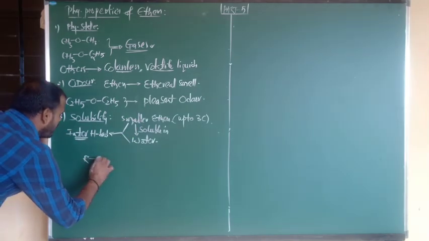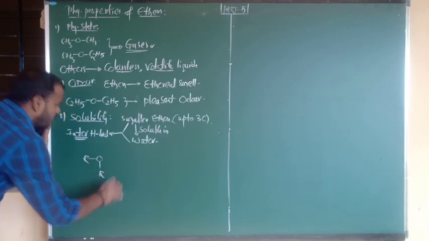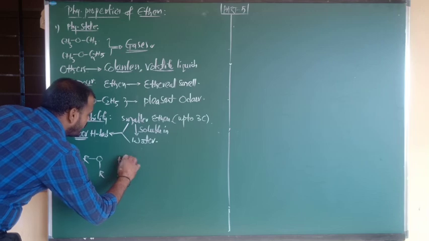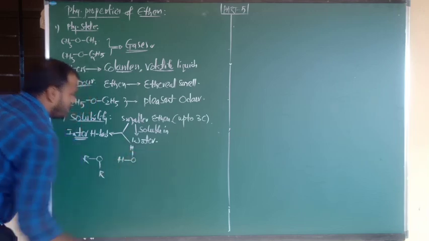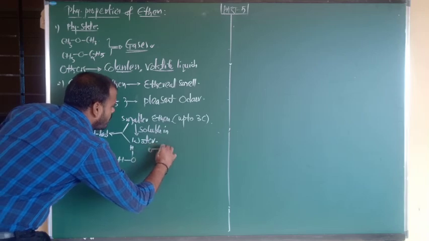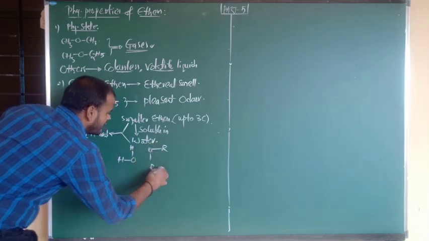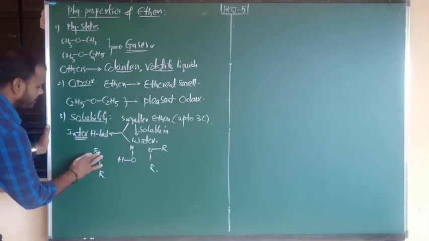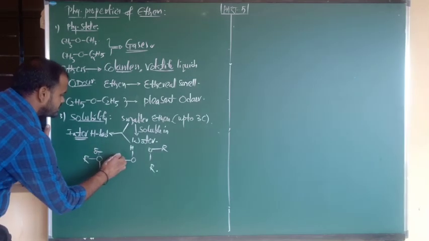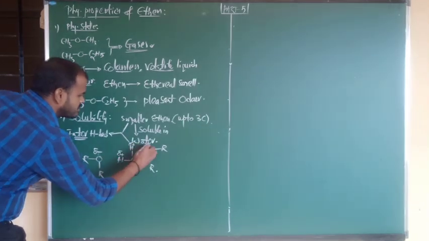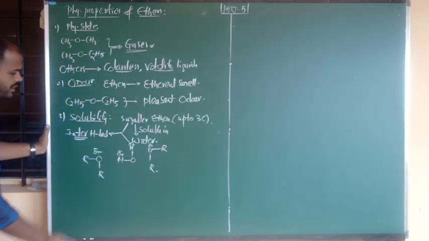Ether, R bonded to O, again O bonded to R. Water, H2O: H bonded to O, again O bonded to H. Again ether, O bonded to R. Here oxygen carries a partial negative charge and hydrogen a partial positive charge.